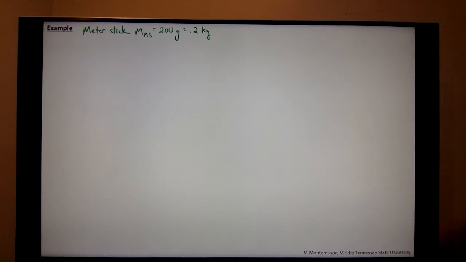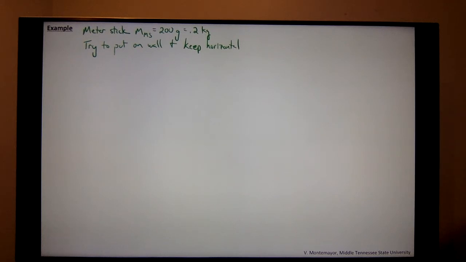And let's say that we're going to try to hang it on the wall and keep it horizontal. Try to put it on the wall and keep it horizontal.